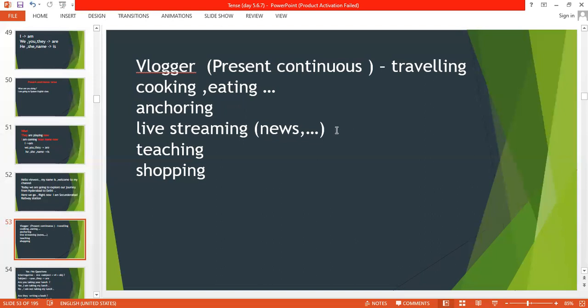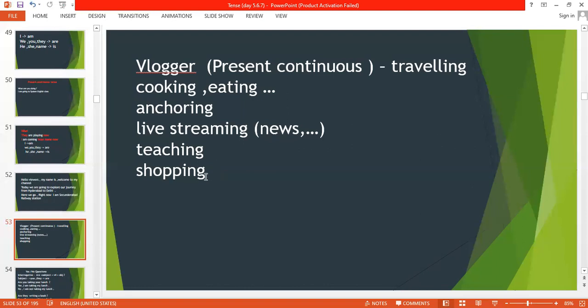So for this, please try to comment in the comment section how live streaming of news can be said in present continuous. Then followed by teaching, and in case of shopping as well, if you love to shop, then please make a vlog, or you can comment in the comment section below how shopping can be done using present continuous.